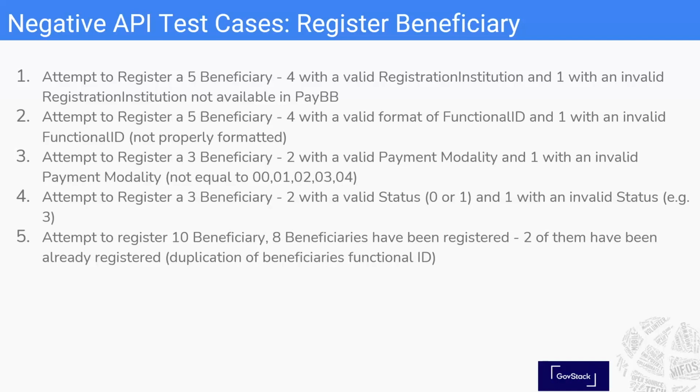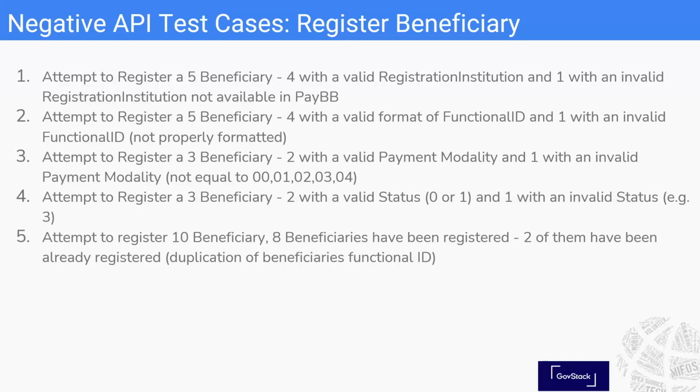This reconciles with what we were discussing yesterday in the implementation post-deployment configurations, that each tenant that has to communicate with the payment hub has to be configured in the system. And they are each allocated their particular unique registration institution ID.